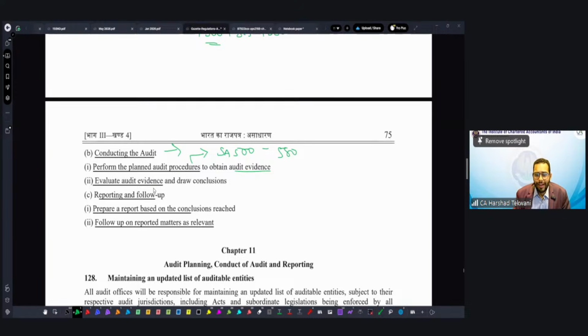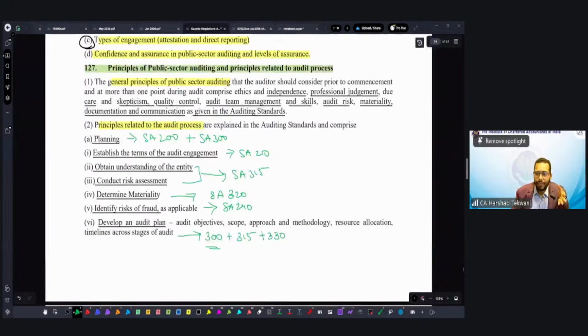Evaluate audit evidence: SA 450. Yes. Prepare report: SA 700. So this is something we already understood and already know. We just need to see how it is required to be applied for the purpose of public sector undertaking.